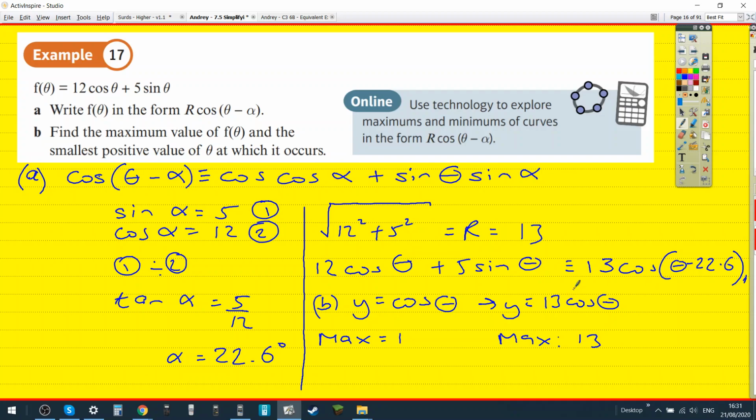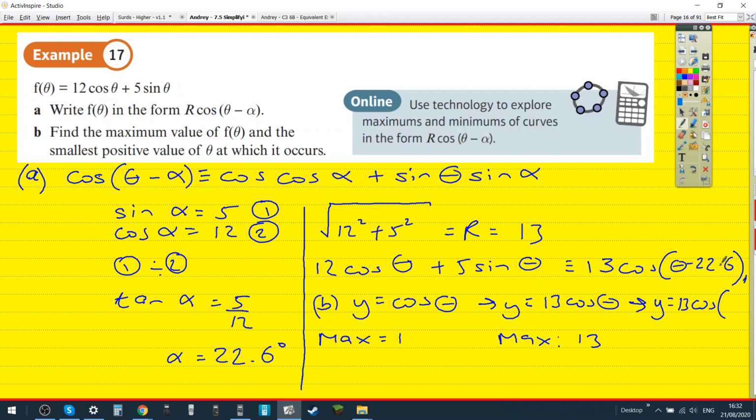What is the x coordinate of the maximum on y equals cos theta? It's at 0, which is much simpler. So the x coordinate is usually 0, and then it becomes theta minus 22.6.